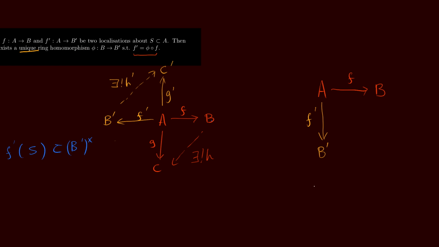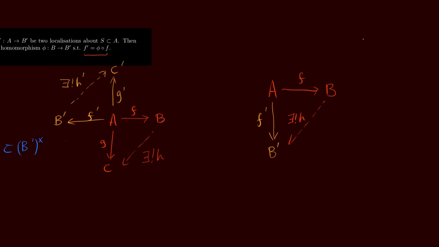So, since this is any map that satisfies the condition, we know that it must factorize uniquely through F. And what I've used here is the fact that F is a localization. And furthermore, we can do the same thing for F prime.